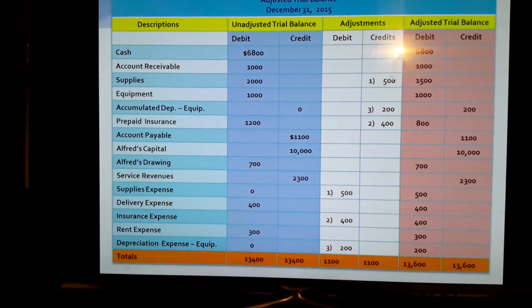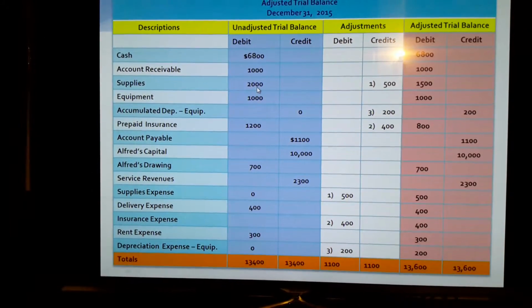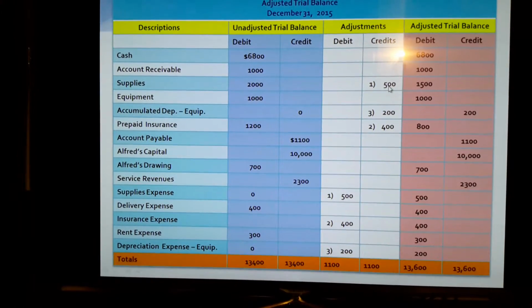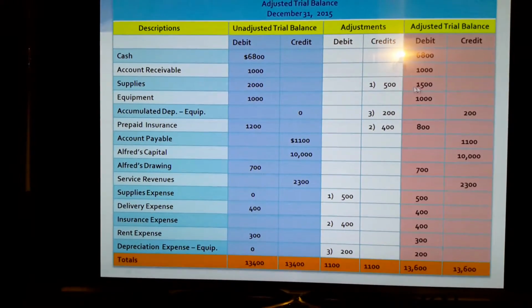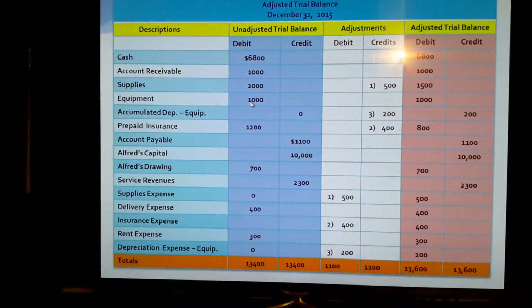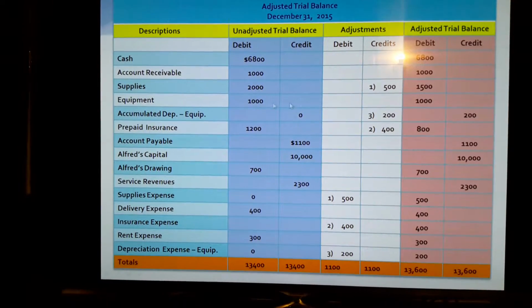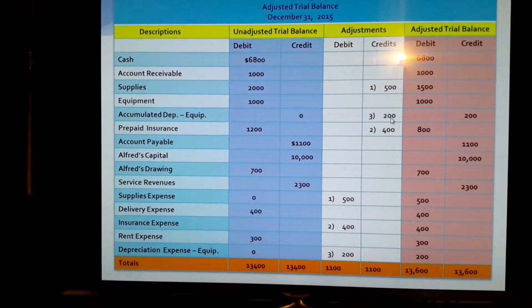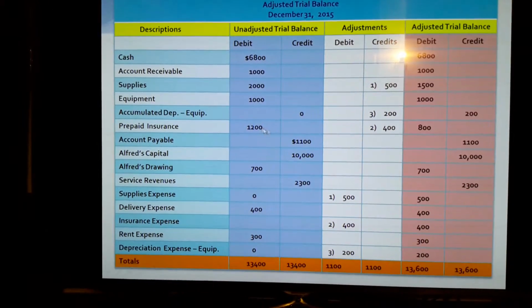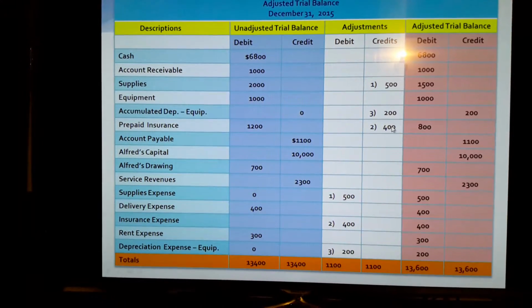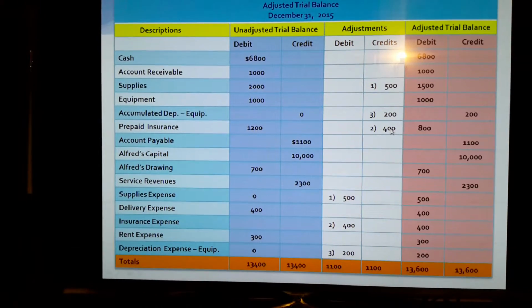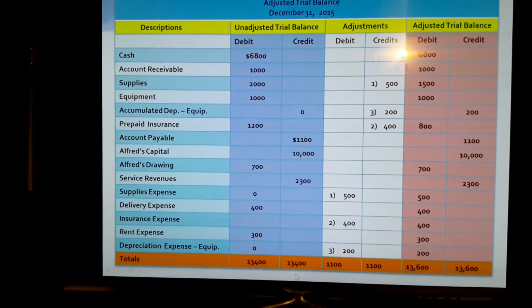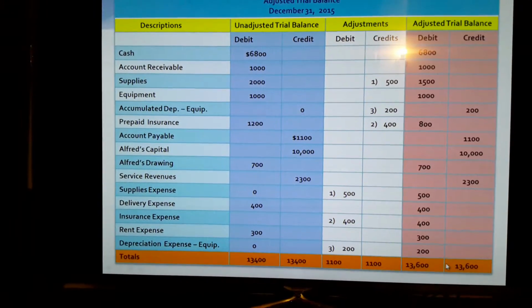Our accounts receivable is still the same. Supplies was 2,000 and 500 was used, and on hand is this now. Equipment was 1,000, and still 1,000. But there is an accumulated depreciation of this, which is on the credits. Prepaid insurance was 1,200 and we used this, so we have 800.